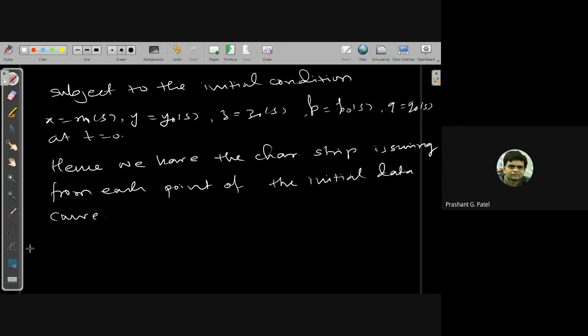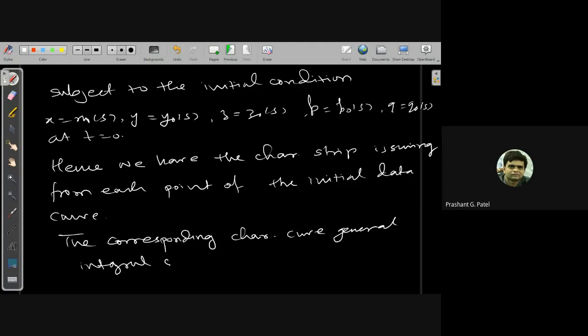The corresponding characteristic curves generate the integral surface. That means it will generate a solution surface. We'll solve certain examples based on this, and the uniqueness of the solution we'll discuss in the next lecture.